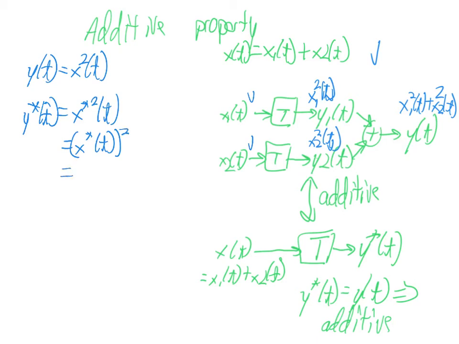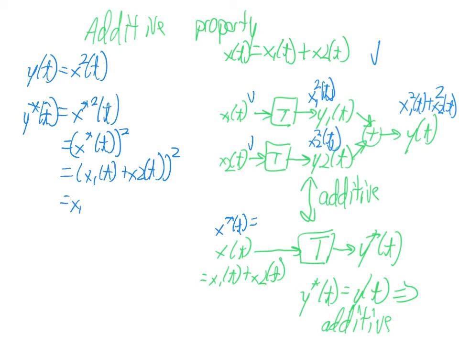The function x star of t is going to be the same as x of t here. It's x star of t equals x of t. It's going to be the sum of the two inputs, x1 of t plus x2 of t, and then we square that. Now I do first, inner, outer, last.